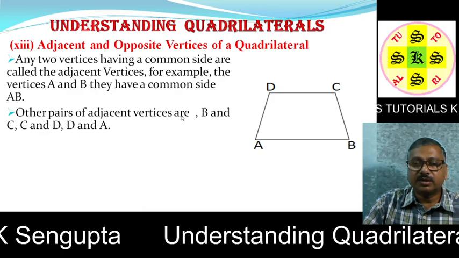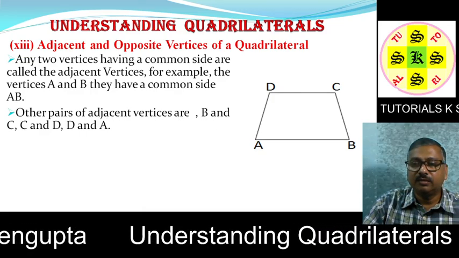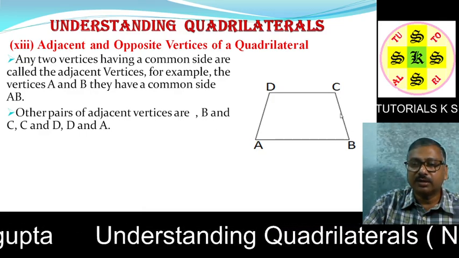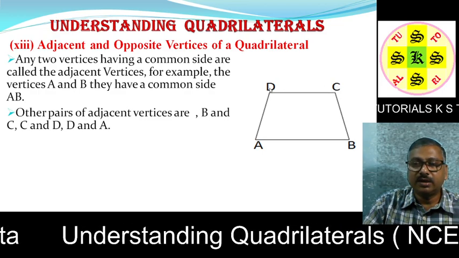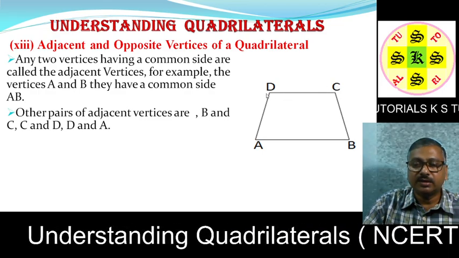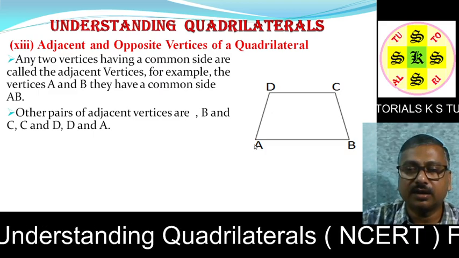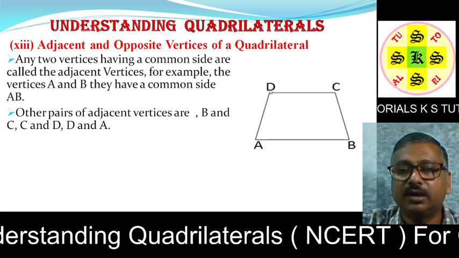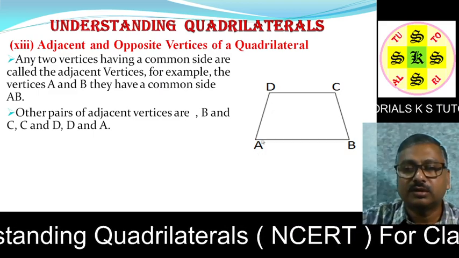Other pairs of adjacent vertices are B and C, connected by the side BC. Similarly C and D are connected by the side CD, and D and A are connected by the side DA, they have the common side DA.